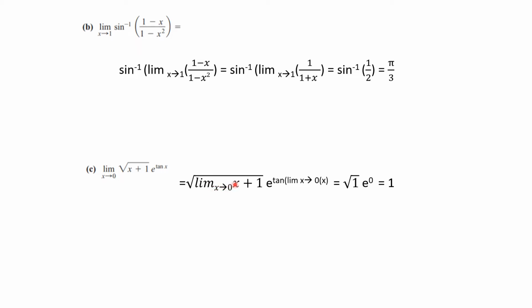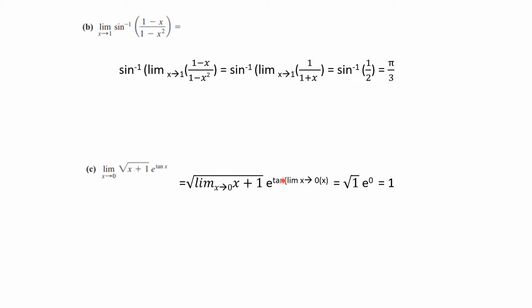So the first part will be equal to 0, plus we have 1. So we have the square root of 1, which gives us 1. Now we have e to the tan. We have to apply the limit on the x. So we have the limit as x goes to 0 of x. That's going to give us 0, so it will be tan 0.